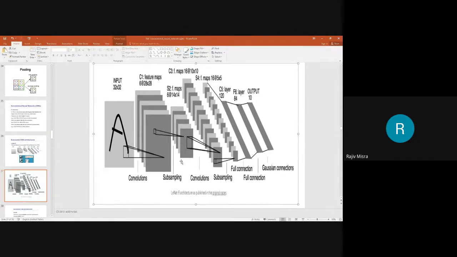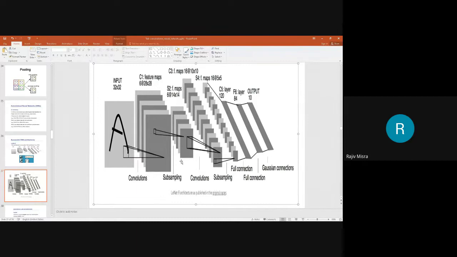Yeah, so you can see over here that at the layer C3, you have 16 different dimensions which will be created out of applying 16 different filters, and the convolution operation will reduce the dimension from 14 by 14 to 10 by 10.